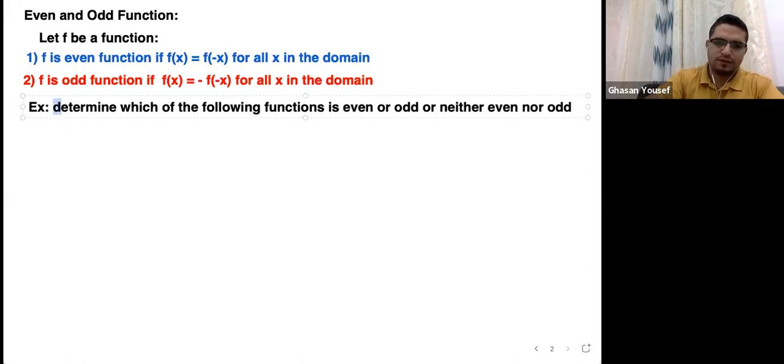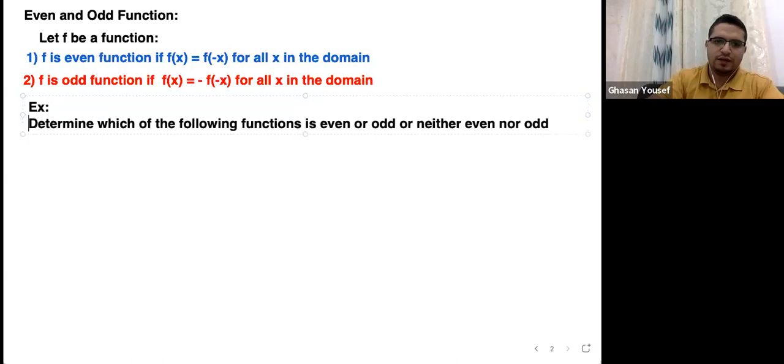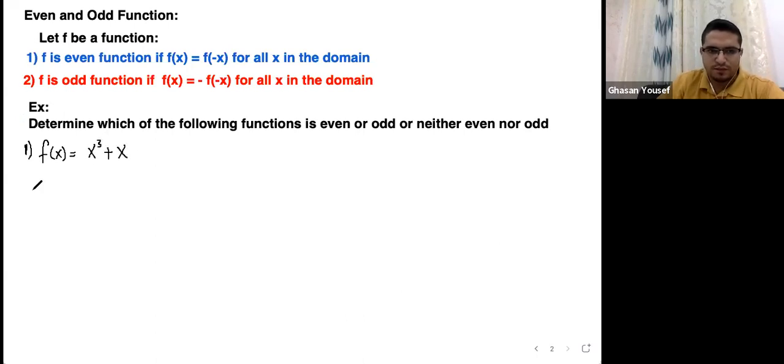So I'm going to give you some functions, and we're going to determine if these functions are even, odd, or neither even nor odd. Suppose for number one, my function f of x equals x cubed plus x.